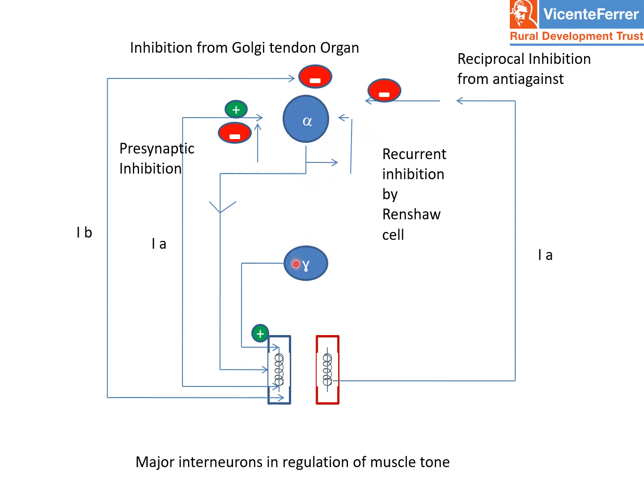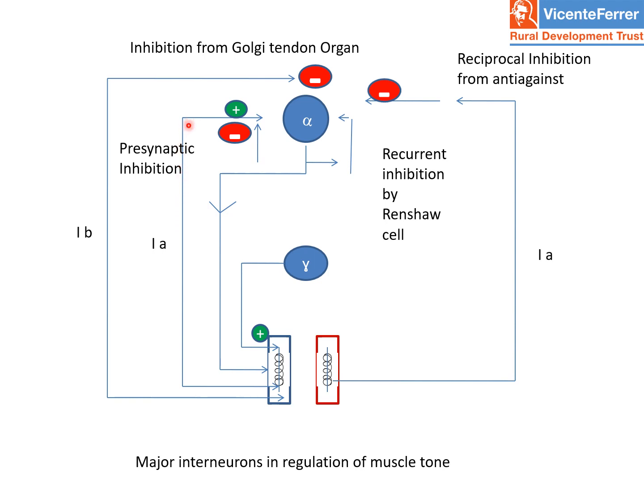So initially the gamma fibers, once they are activated, help in the contraction of the ends of the muscle spindles. As we have seen in the previous slide, once the ends of the muscle spindles are contracted, the central portion of the muscle spindle will be stretched. Thereby 1A fibers get activated and send the information regarding the change in the length of the muscle spindle.